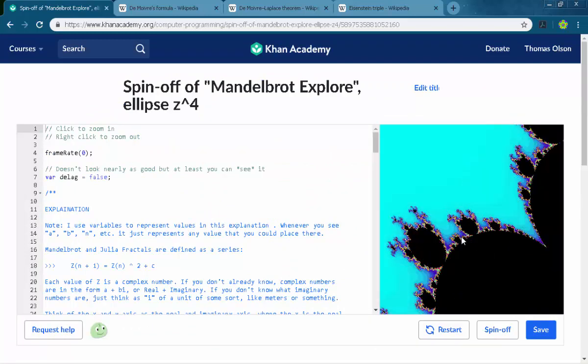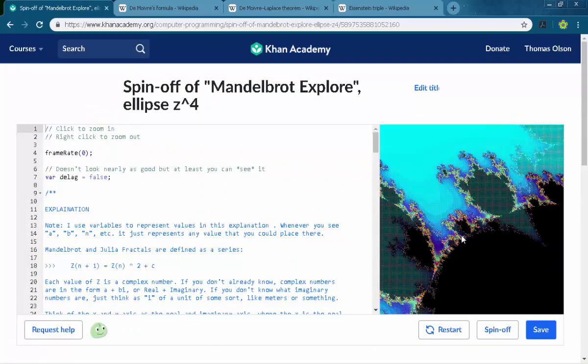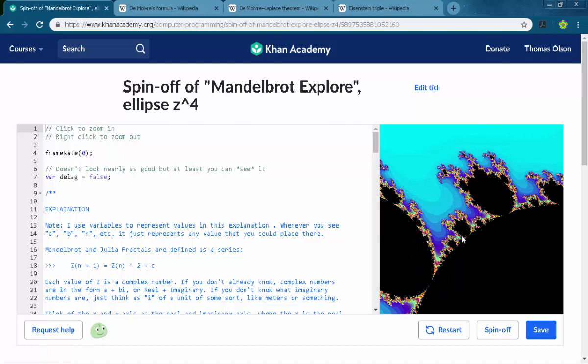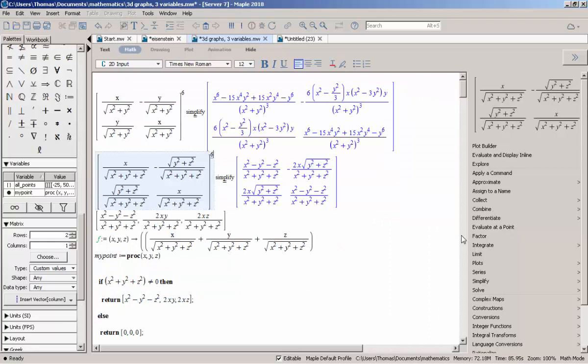And if I can figure out how to do the ellipsoid version, this y squared plus z squared trick will probably work in some way. I think it does.